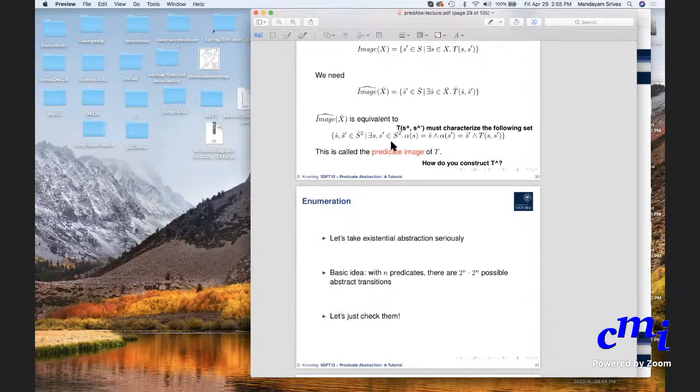If you want to use SAT solvers, and the whole idea of predicate abstraction here is to use SAT solvers to do the fixed point computation, as we will see, then you want to eliminate it.